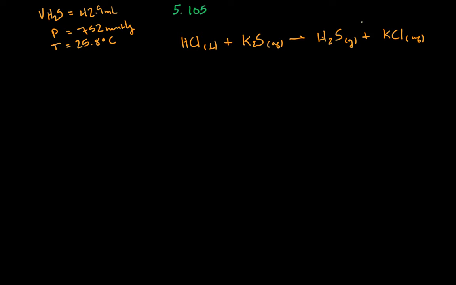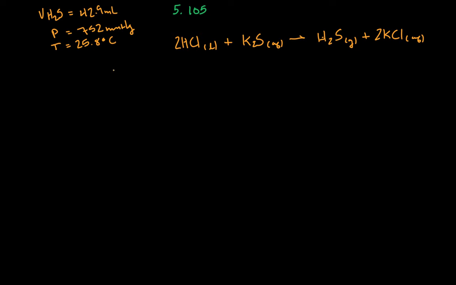Where can we start? We have 2 potassiums, which means now I need 2 of those. Let's see: 2 hydrogens, 2 hydrogens, 2 chlorines, 2 chlorines, 2 potassium, 2 potassium, 1 sulfur, 1 sulfur.